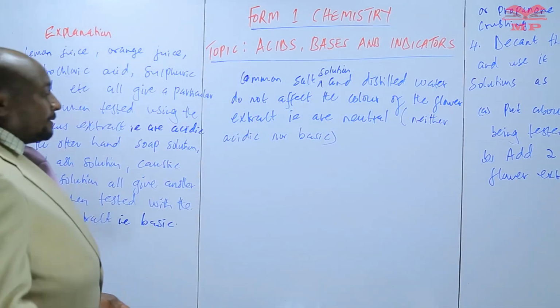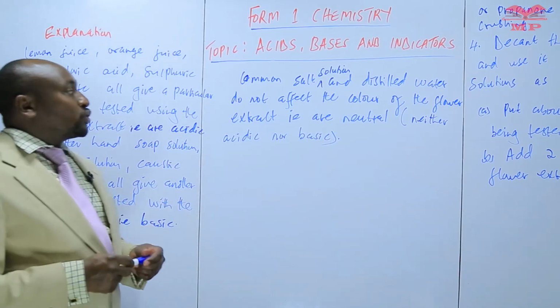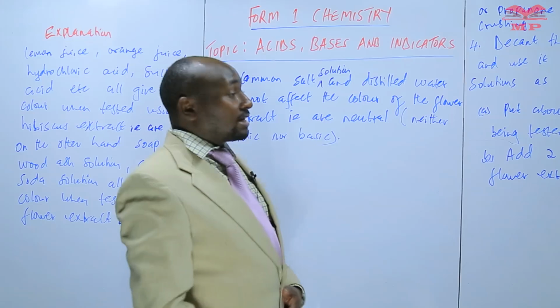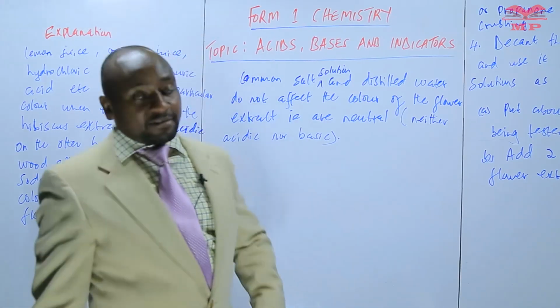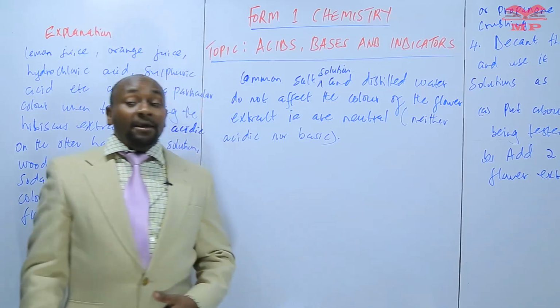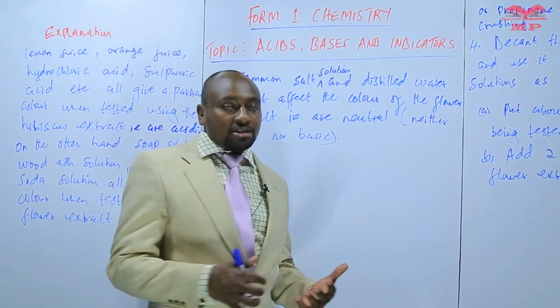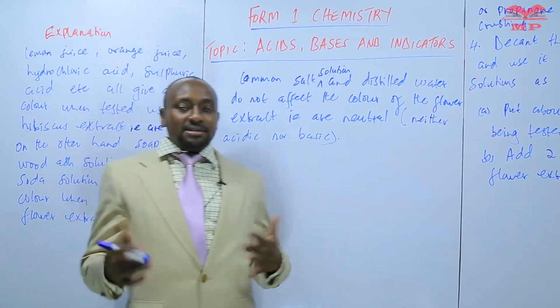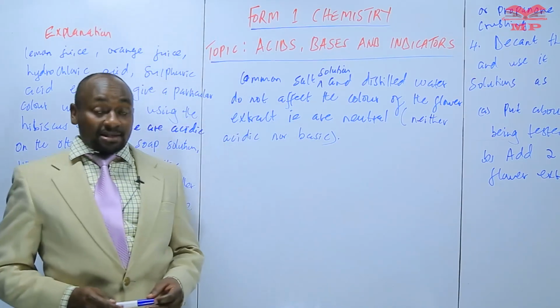Now, the question comes in then, why is it that we don't use the indicators obtained from flower extracts in our day-to-day life? Number one is that these indicators that are made from flowers, leaves, and so on and so forth, do not give consistent results.